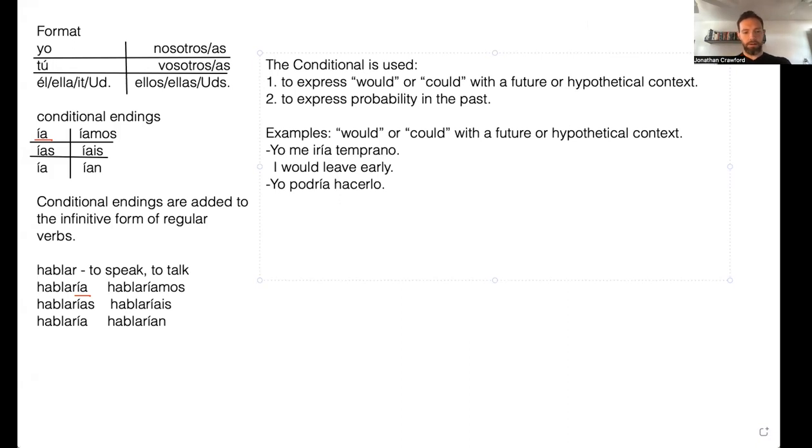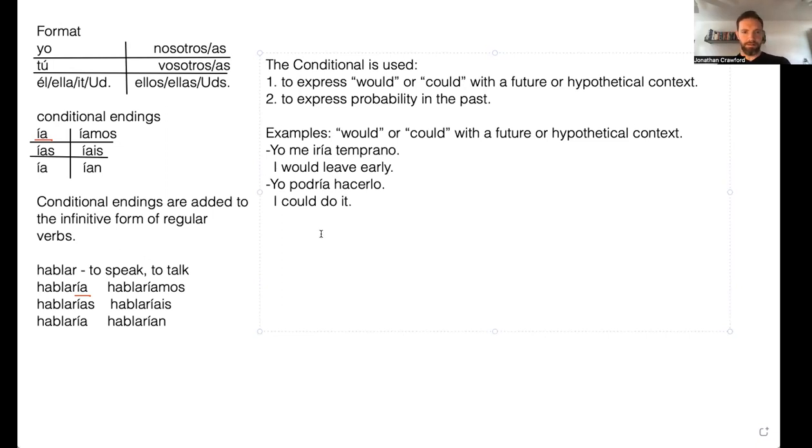Yo podría hacerlo. I could do it. There it is. Okay. And then we have examples of expressing probability in the past.